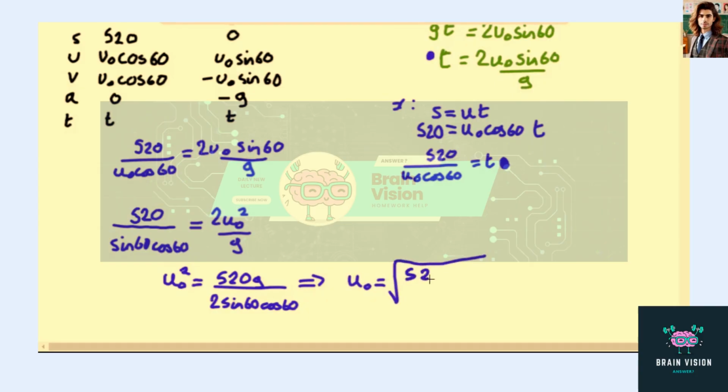It gets a little dull to write out, but writing it out does help with practice. So 2 cosine 60 sine 60 on the bottom, 520g on the top. Square root the whole thing and we find our answer for u0 is 76.7 meters per second, taking g to be 9.8.